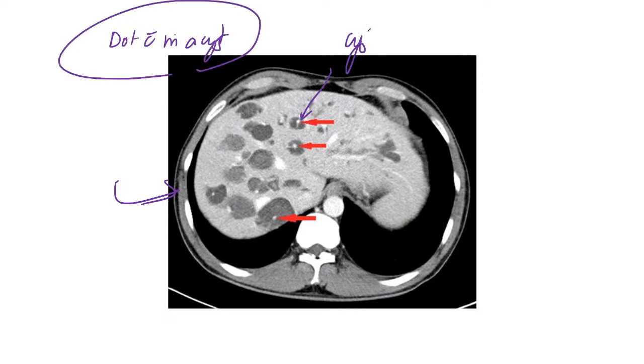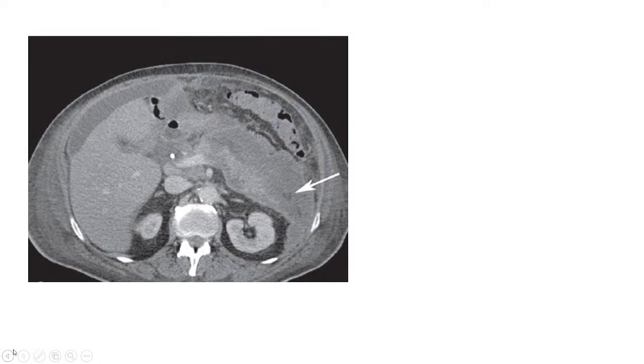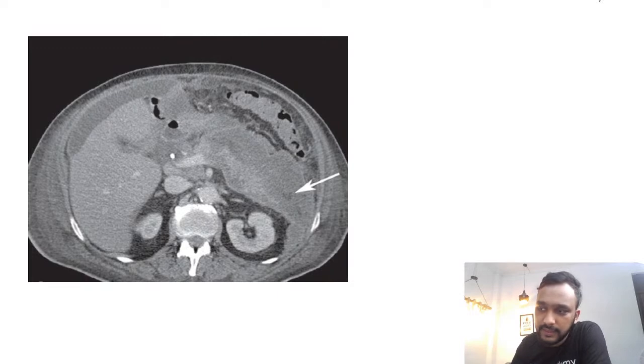This dot within this cyst, this is your portal vein radical. This dot within a cyst sign is seen in a case with Caroli's disease. Right? Is that clear to you guys?